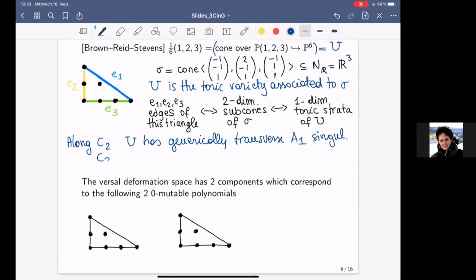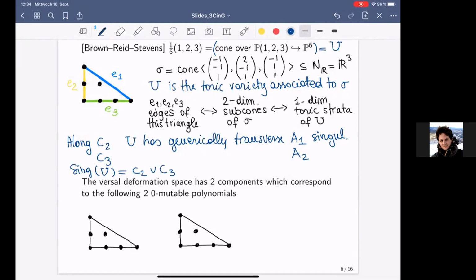And the same works for C3, and here you have A2. So basically, there are two curves, which are the singular locus. So the singular locus of U is just the union of these two curves. And they meet at the zero stratum, where the singularity is worse than being compound Du Val. So it is this quotient singularity.